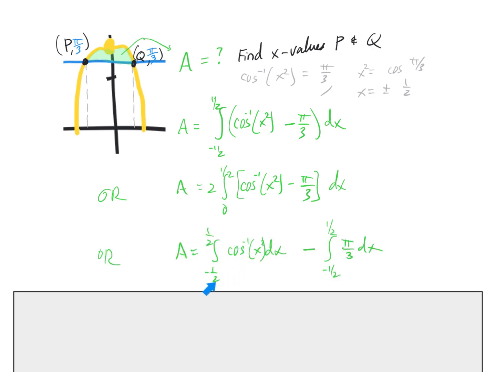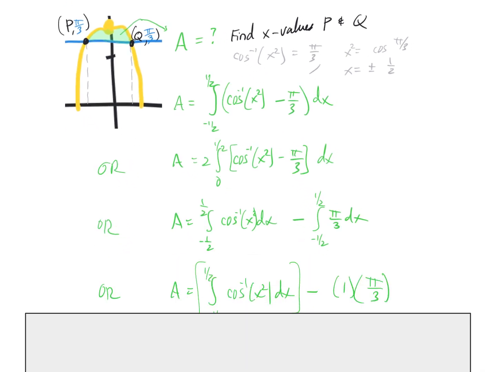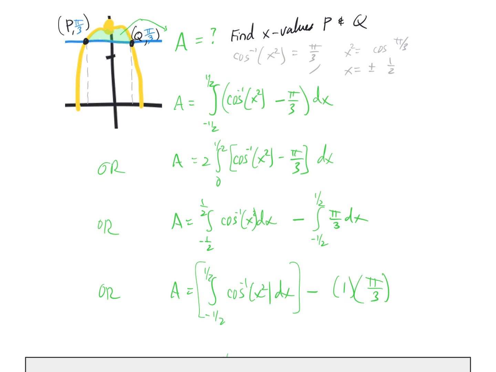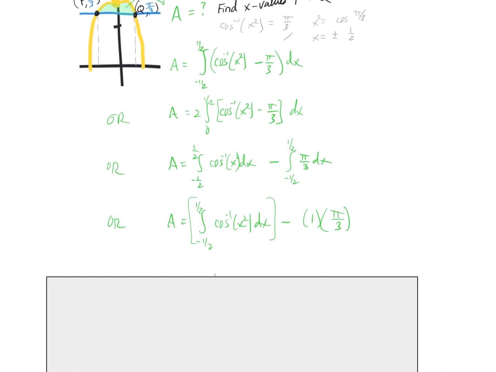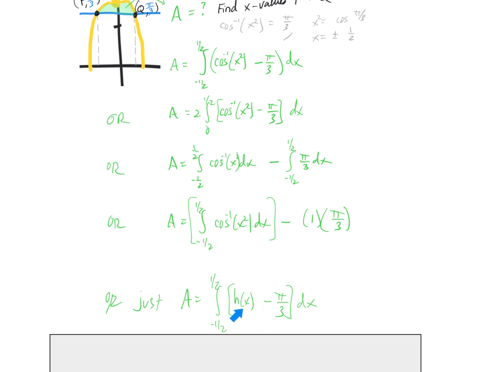We could do it like that, from negative 1/2 to 1/2 of the yellow curve, and then subtract the integral of the blue curve. These are all equivalent, and you can see that in the answer key, they even simplified it a little more and just said h of x. That was acceptable. All right, that's how you do number 5, part B.